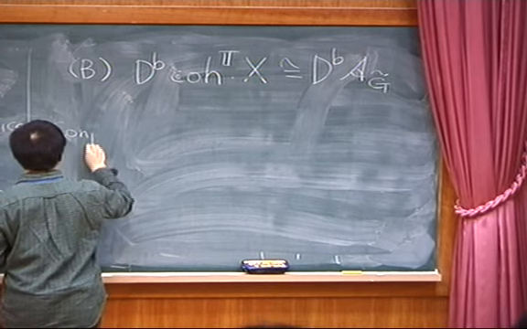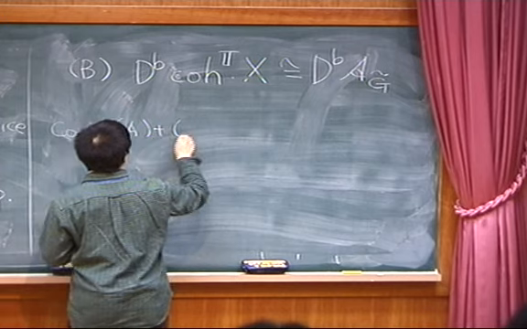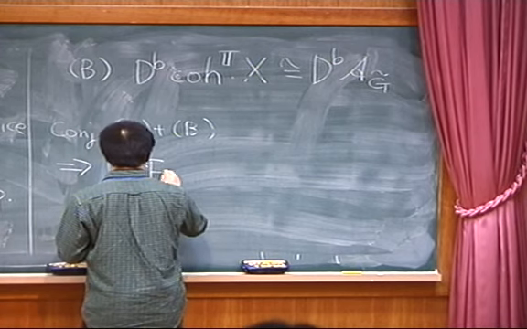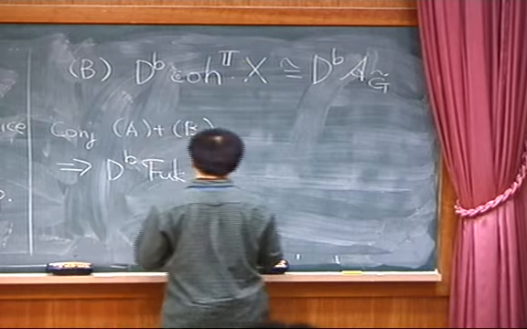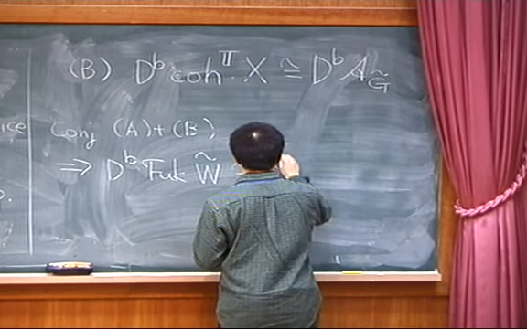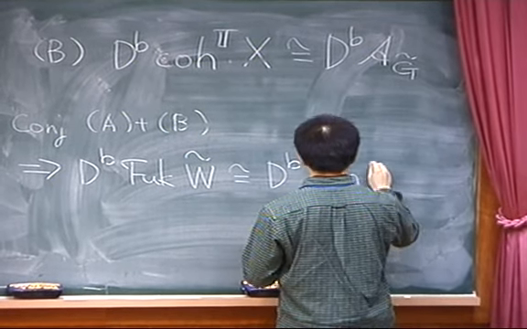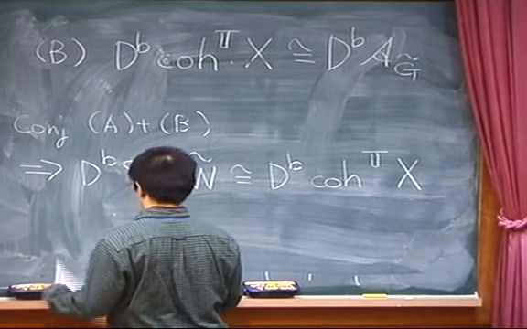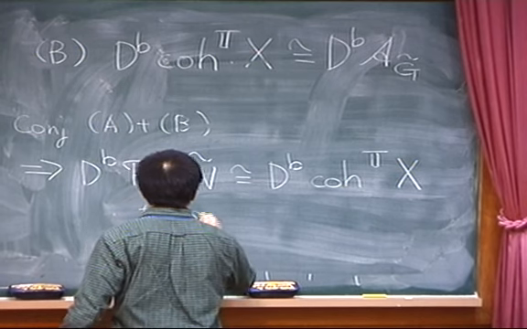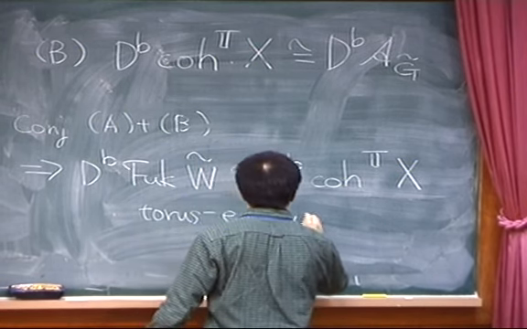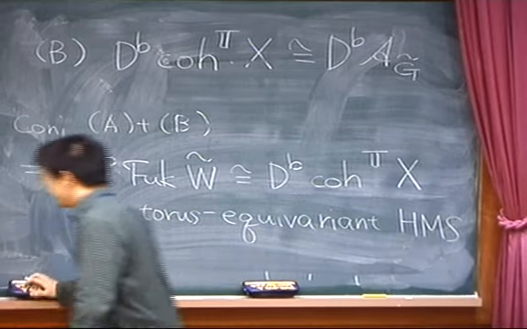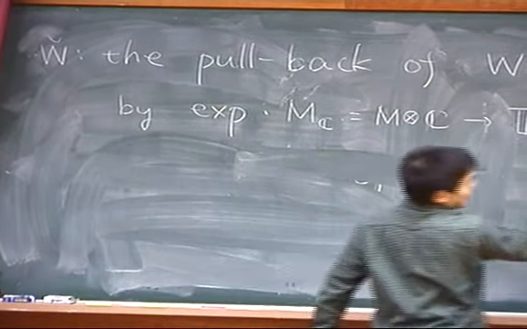And these two conjectures imply the torus equivariant version of homological mirror symmetry for toric Fano stacks, which in turn implies homological mirror symmetry for toric orbifolds of X.